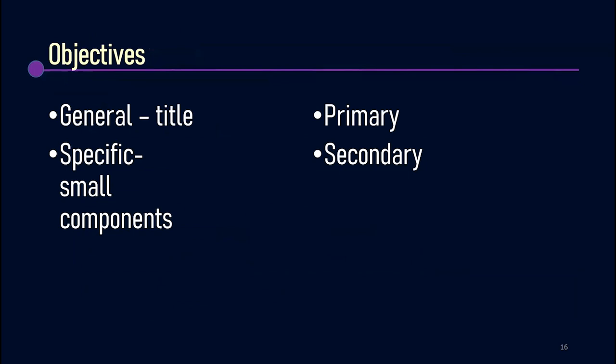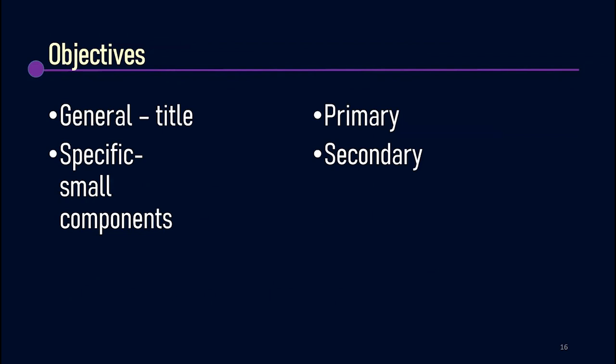In the research protocol, the objectives are written generally as general or specific, or primary or secondary. The more common way of writing is general and specific. The general objective is the title of your paper and is the main aim, the main goal of carrying out the project.